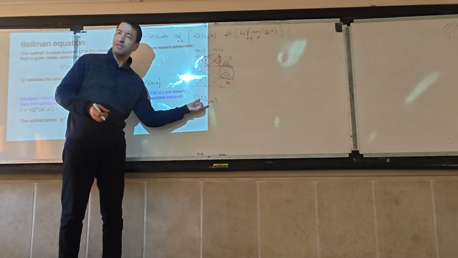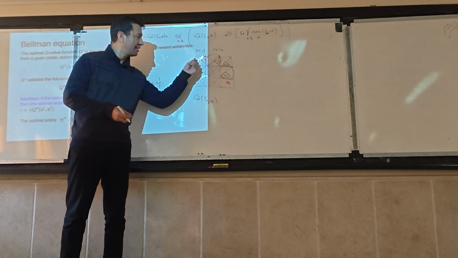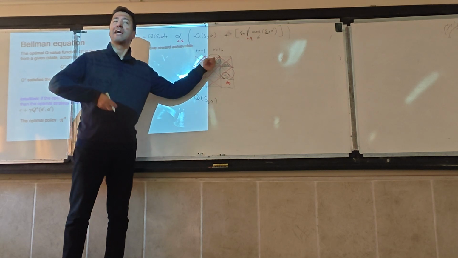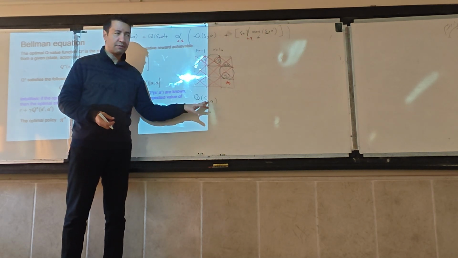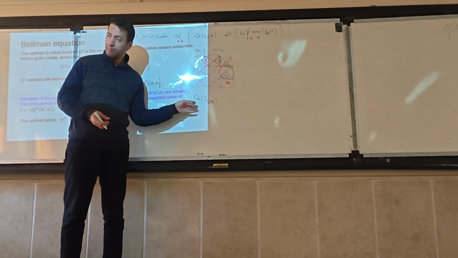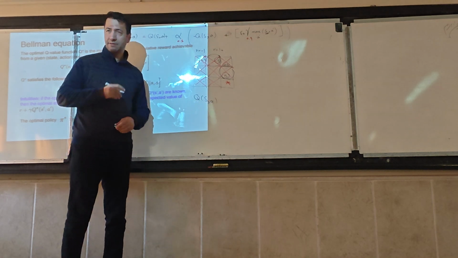I write for all of them Q is A, though they are not the same. Here, for example, it is S clean, we take Q is clean. But we want to just find the numbers to put here. So I'm writing Q is S to make it more simplified for writing.